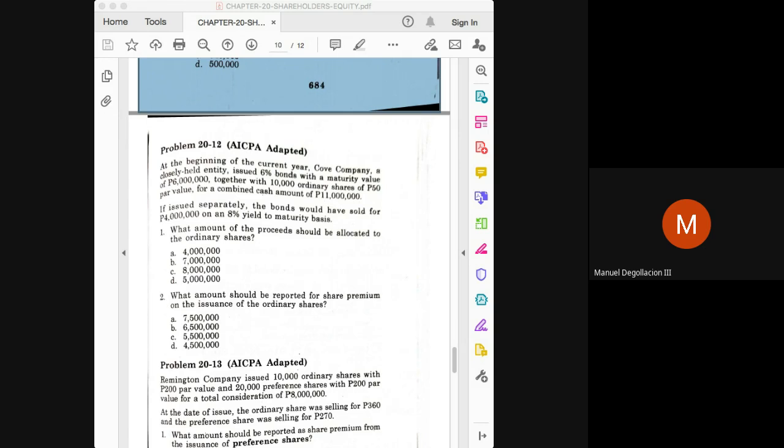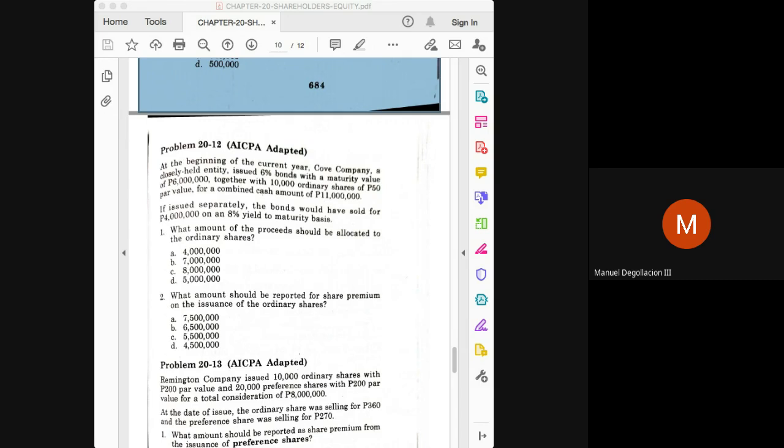So think of it as a priority class. Your debt component will be given full priority. So the basket price was 11 million. We will not be using fractions to allocate this 11 million. We know that the bond component, if it was sold separately, would have a value of 4 million. So we will treat this as the fair value of the bond. So out of 11 million, we take the entire 4 million.